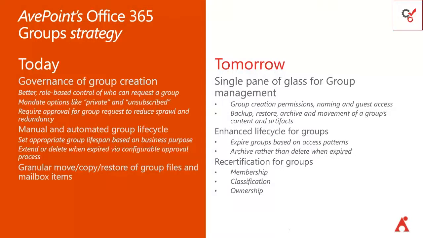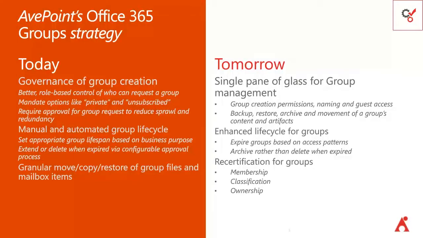The other thing that we're doing is we're offering today the concept of a lease duration for groups. I'll show you that in the software, how that works. So a group can live for X amount of days, weeks, months, and then when that group is no longer relevant, we can expire the group. So I can talk you through what we're doing there. The enhancement that we're looking to do down the road is actually base some of these decisions on activity within the group.